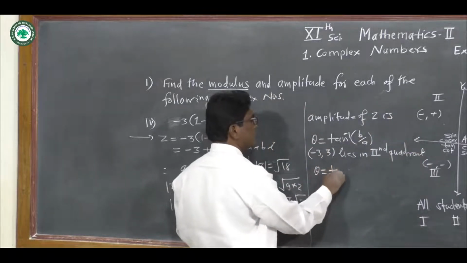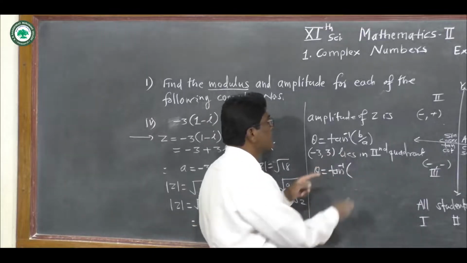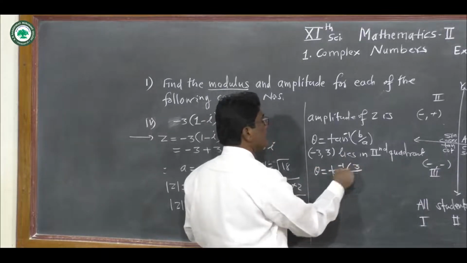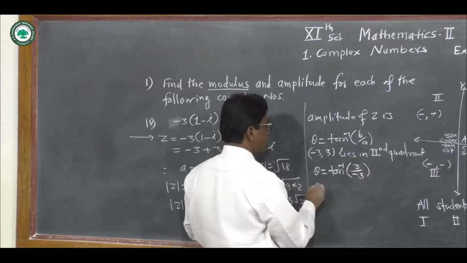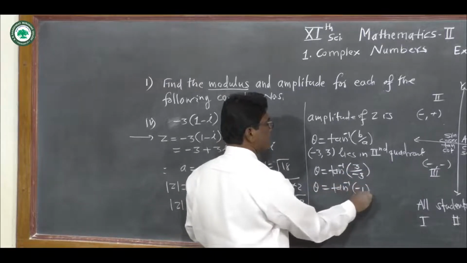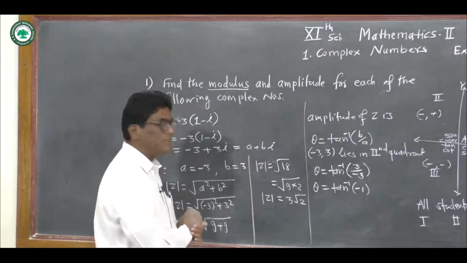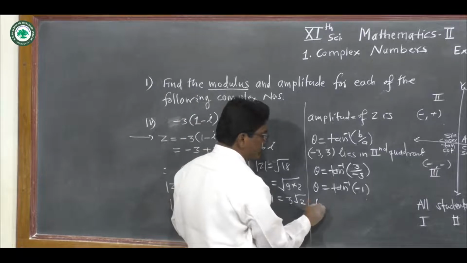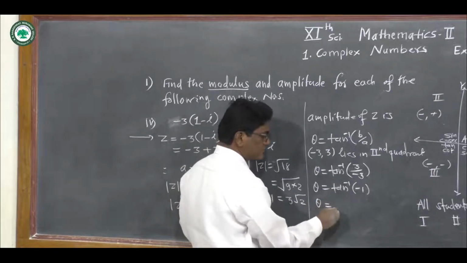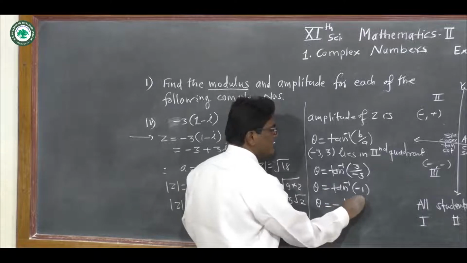Theta is equal to tan inverse of b over a, where b is 3 and a is -3. So theta is tan inverse of -1. We take the minus sign outside this tan inverse, so minus tan inverse of 1.